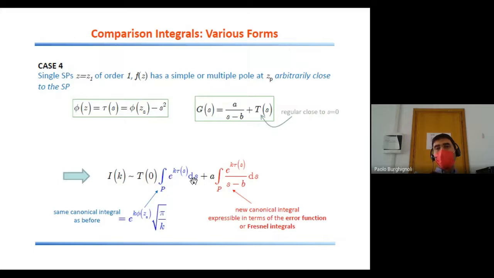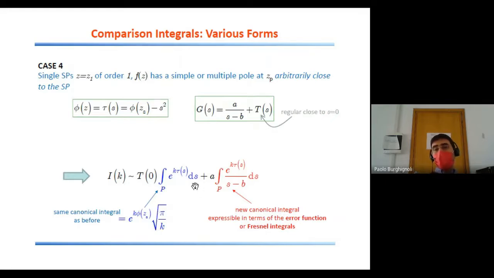The blue one is the one that contains the regular function t, and that can be treated in the standard way. So this gives rise to a constant t of 0 outside the integral times the same canonical integral that we found in case number 1. So basically an exponential function of k times the inverse power of k to 1/2.